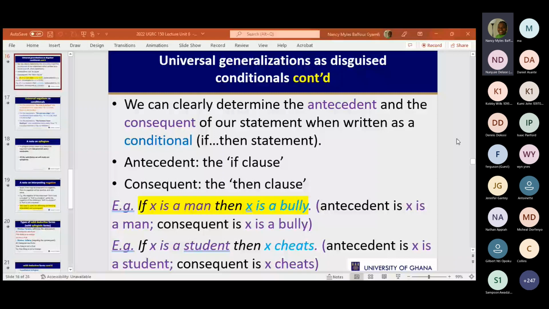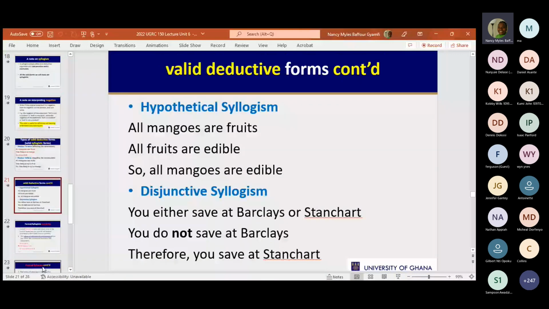Okay, thank you very much. Now we can move on to the third easy, straightforward, valid pattern called hypothetical syllogism. Take note, hypothetical syllogism on the screen now has all three statements, premises plus conclusion, all universals.